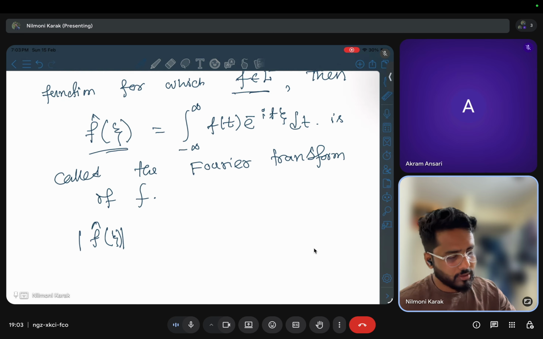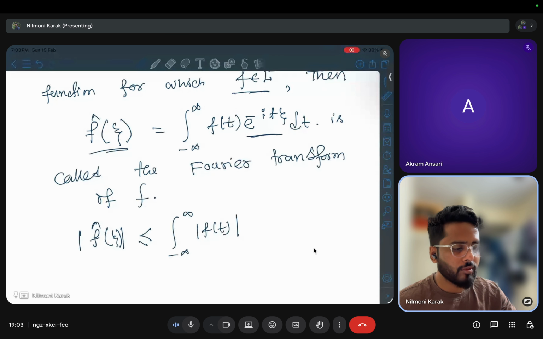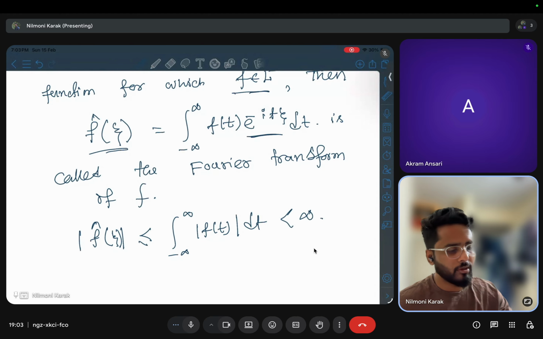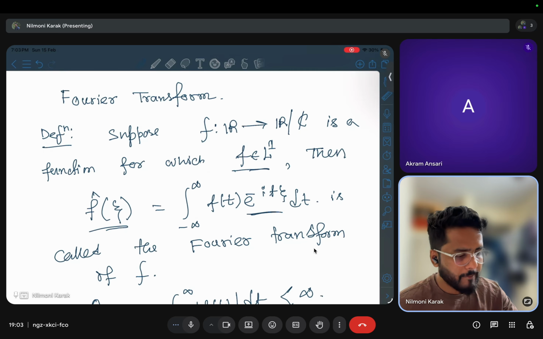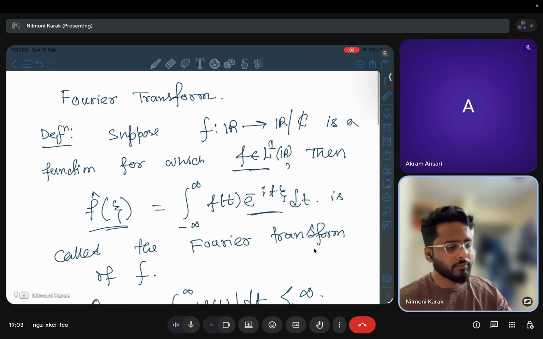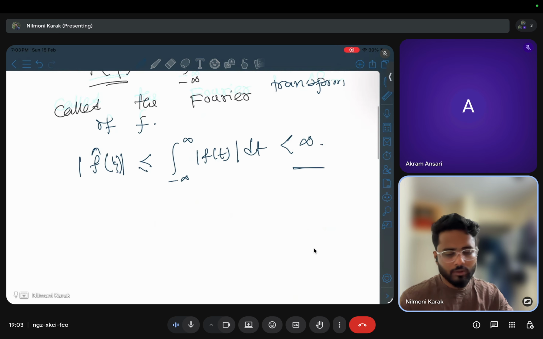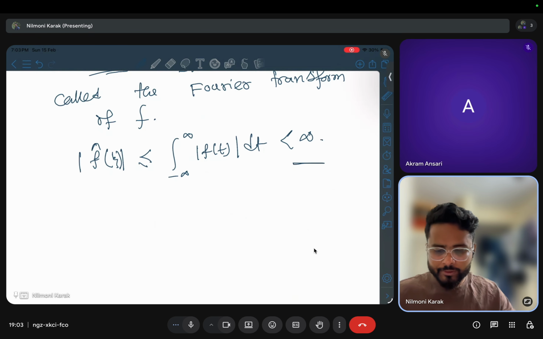This is less than or equal to the integral of mod f(t), and the modulus of the exponential is 1, times dt, and this should be less than infinity. So that's why f should be in L1(R), basically.